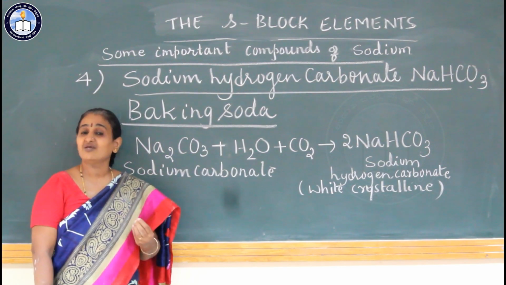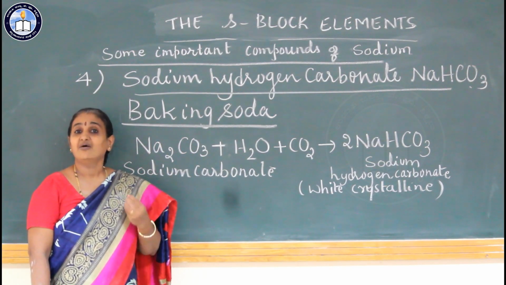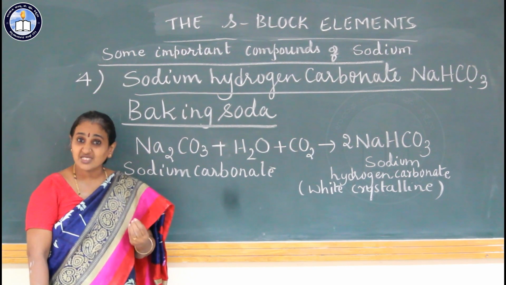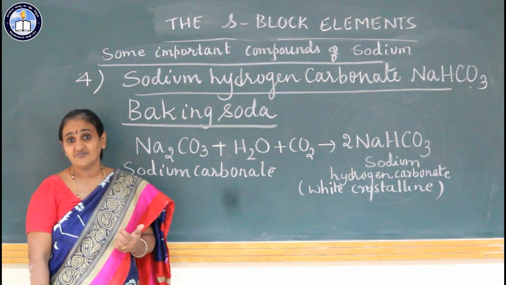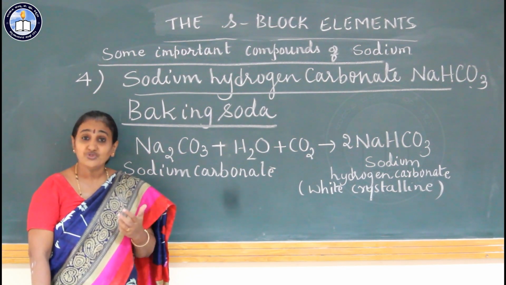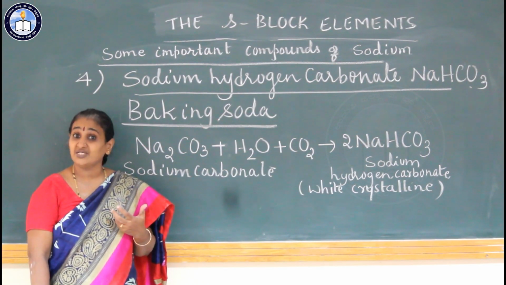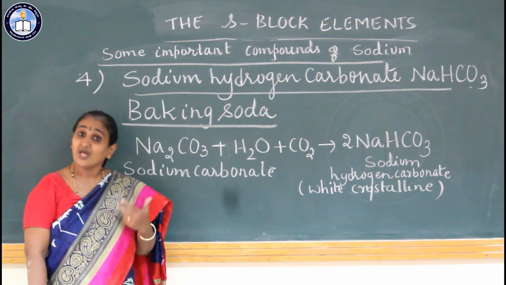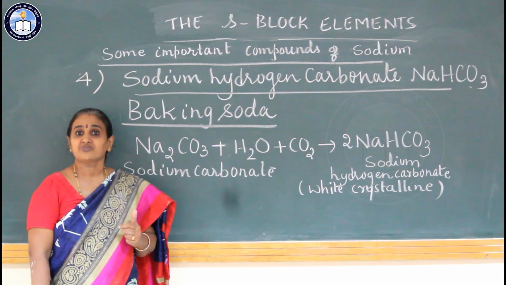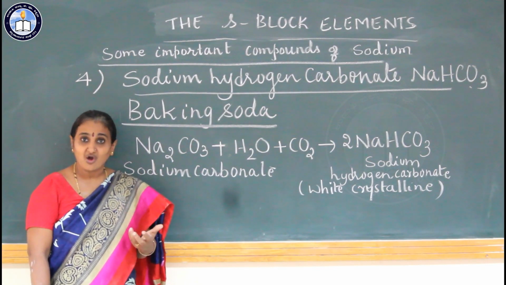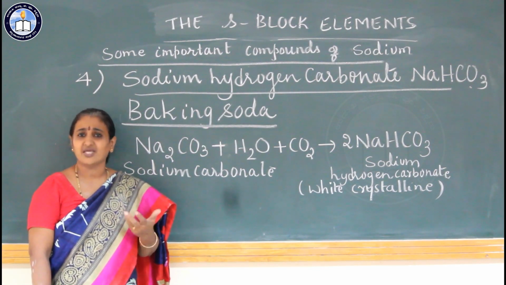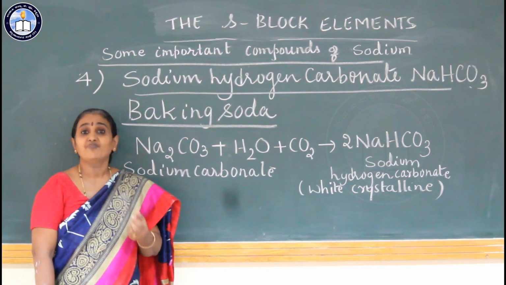We have seen that in bread, cakes and pastries, holes are present. That is due to the liberation of carbon dioxide from baking soda, which makes the bread, pastries or cakes soft and puffy.